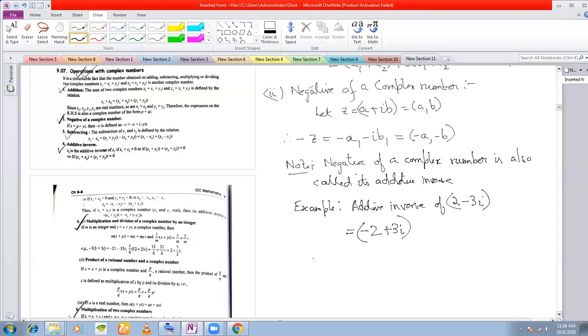So this is the additive inverse. You simply change the signs of the real and imaginary parts. Say if I take z is equal to 2 minus 3i, therefore the negative of this number will be minus z is equal to minus 2 plus 3i. So z and minus z are additive inverses of each other.